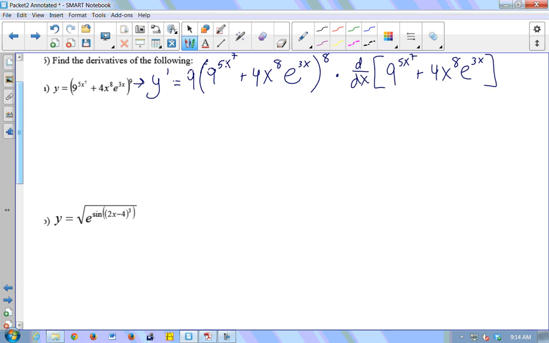And I didn't try to take the derivative of the stuff in this step because it's complicated. So I will take that derivative in my next line so that I don't lose track of what I'm doing. Okay, so I still have this first term, my original 9 times the stuff.